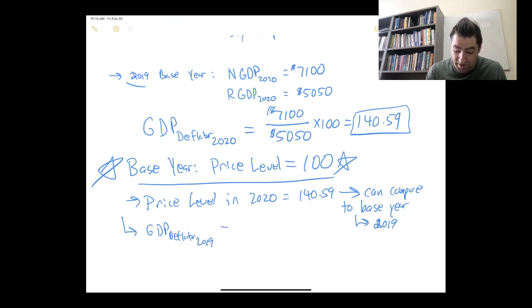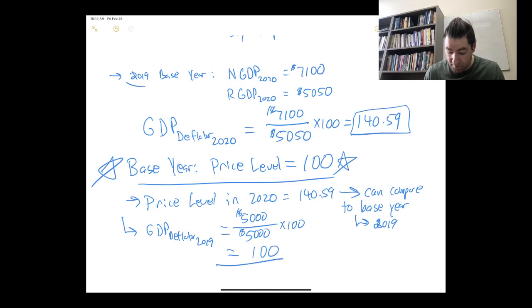In 2019, the base year, nominal GDP is real GDP. So if you go back to my example, nominal GDP was 5,000. Since that's the base year, real GDP equals nominal GDP, and my price level, as measured by the GDP deflator, will be equal to 100.